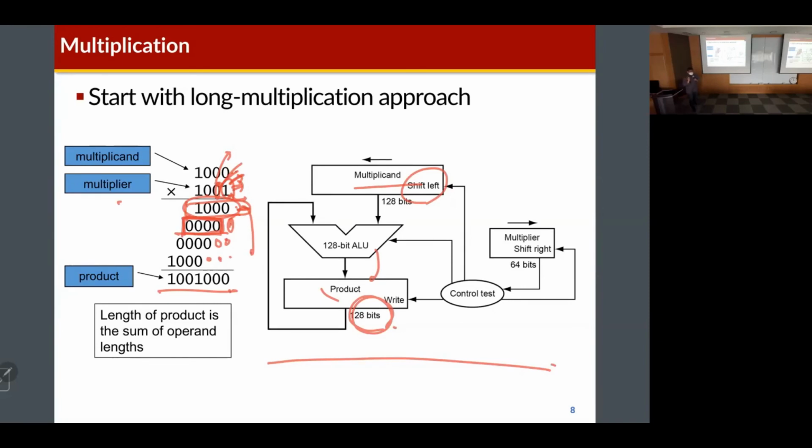But if we calculate the multiplication this way, where the multiplicand is shifted, and then the partial product is generated, and then accumulated, and then shifted, and partial product generated, and then accumulated, it will take a long time, right?